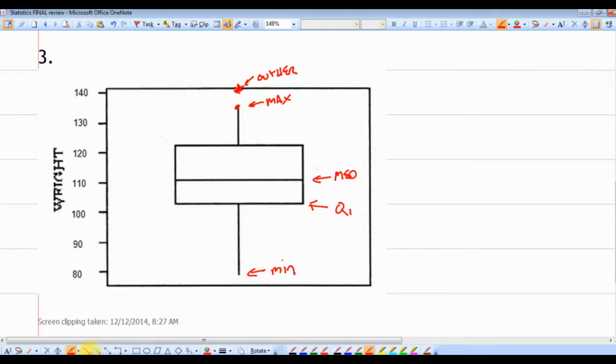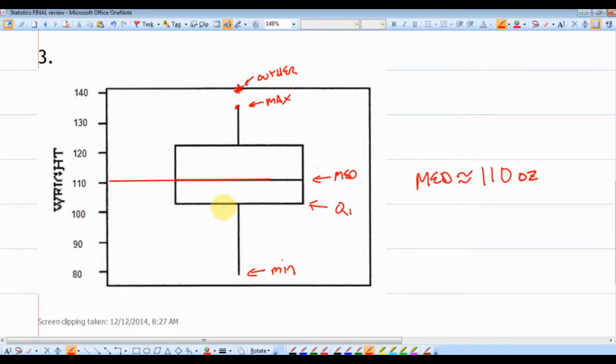Okay, so now that we got that, we can figure this out. Where is my median? It's pretty much 110. I can't assume they're ounces. Outliers will always be further from the maximum.